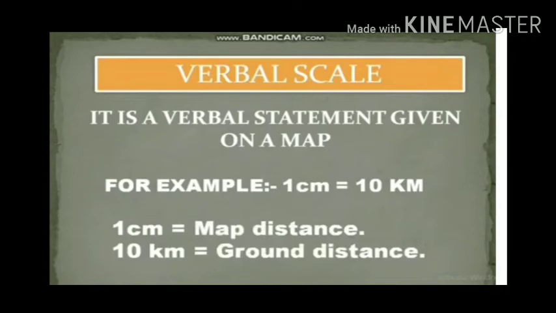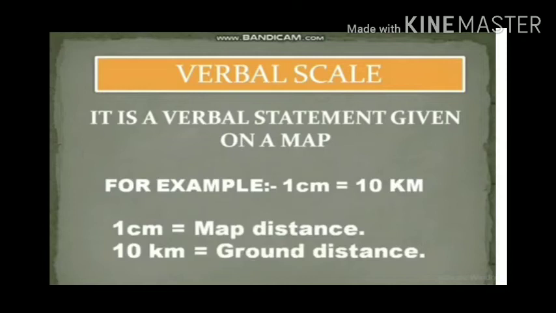A verbal scale is one in which distances are expressed with the use of words indicating measurements. Example, if the scale is 1 centimeter equals 60 kilometer, then centimeter is the unit of distance on the map and kilometer is the unit of distance on the ground.